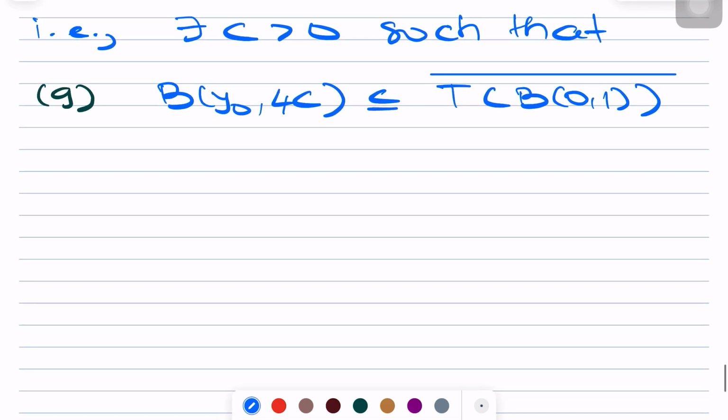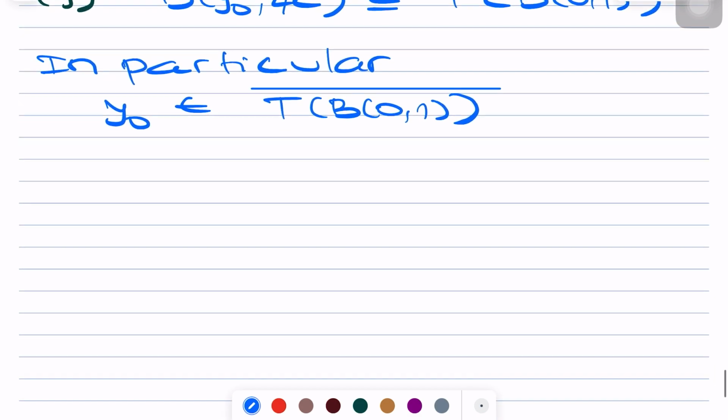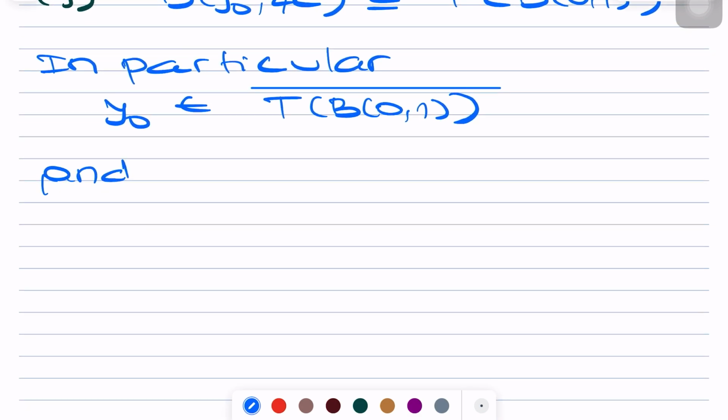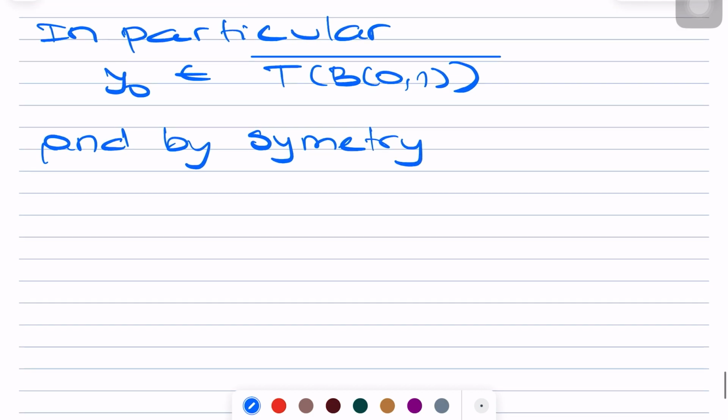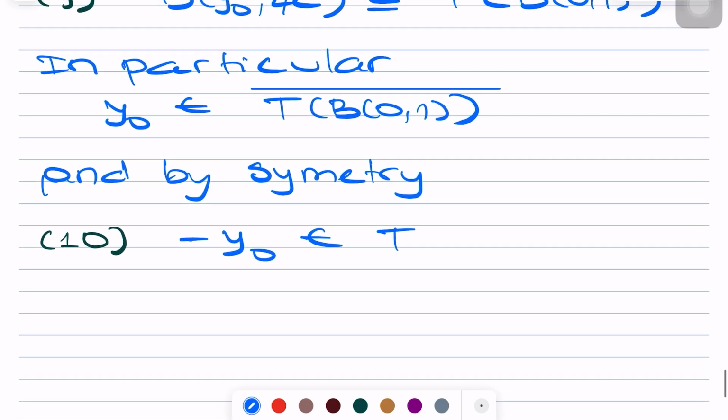So in particular, y0 is an element of the closure, and by symmetry, we call it (10), minus y0 is also an element of the closure.